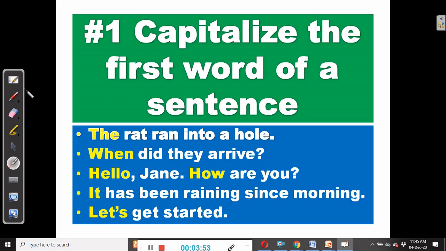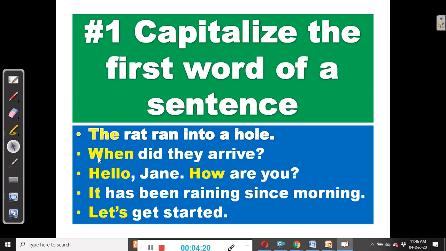Capitalize the first word of a sentence, and this agrees with our orthographic definition of the sentence as a group of words that begins with a capital letter and ends with an end mark. With an end mark here, a full stop. Alright? The second one ends with a question mark, but the sentence always begins with a capital letter.